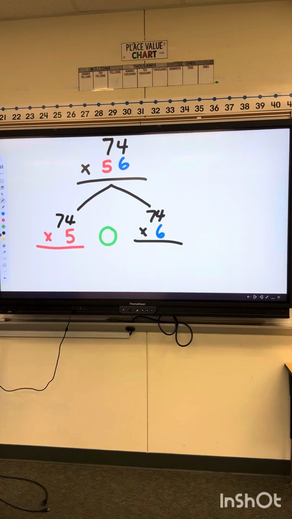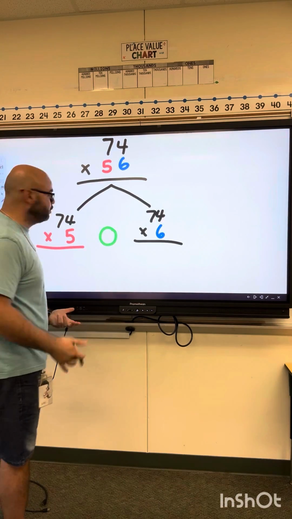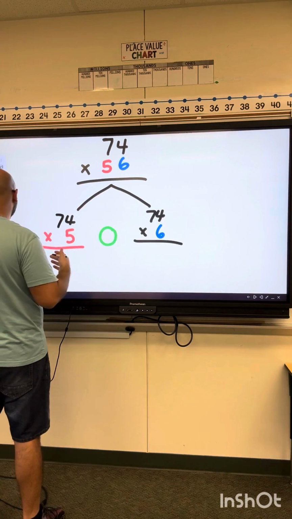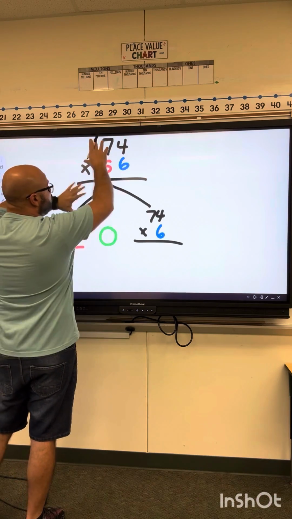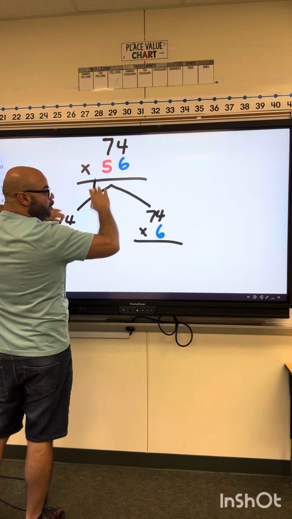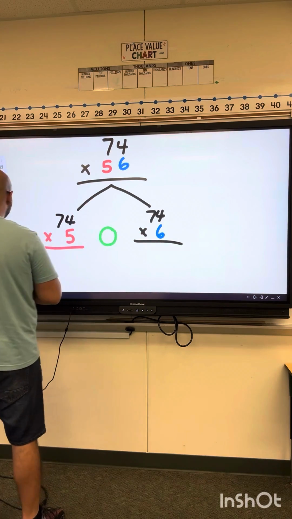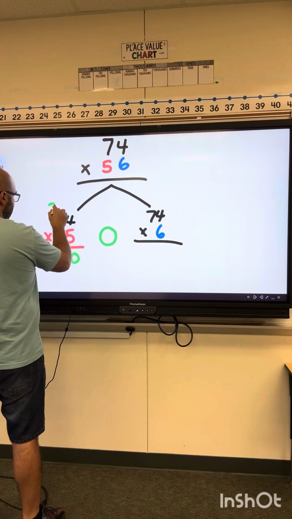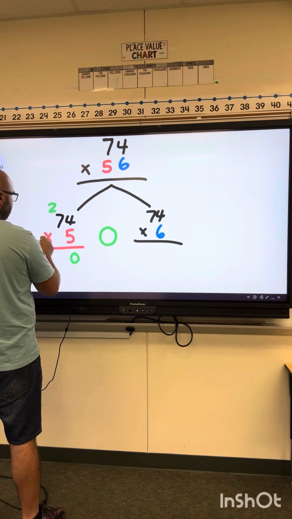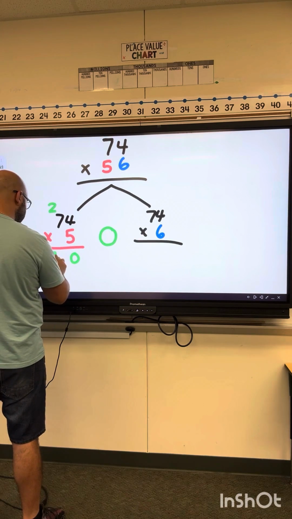Okay, so now I broke it up, and I'm just going to solve each one individually, which makes it a little bit easier, because now we don't have to crisscross or anything like that. We could just multiply individually and then add it together. So here we go. 5 times 4 is 20. Carry the 2. 5 times 7 is 35, plus 2 is 37.